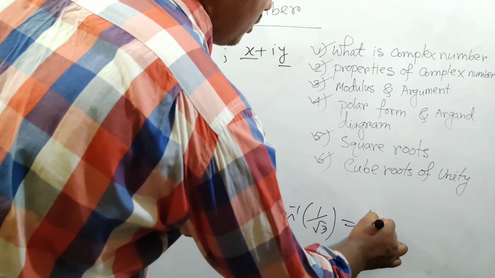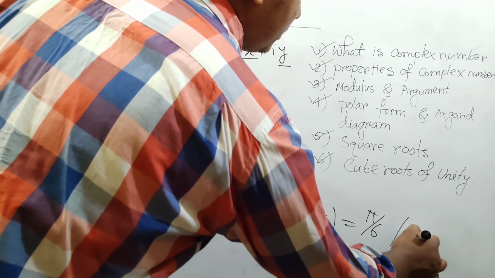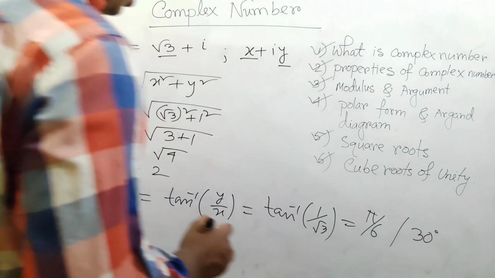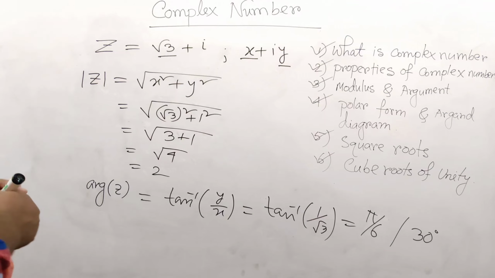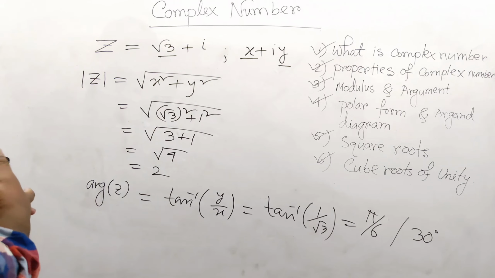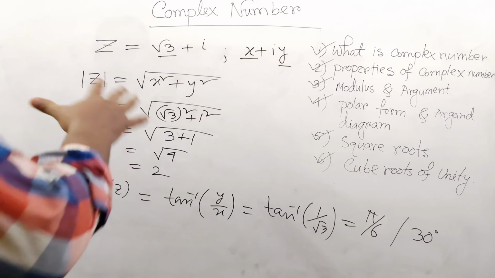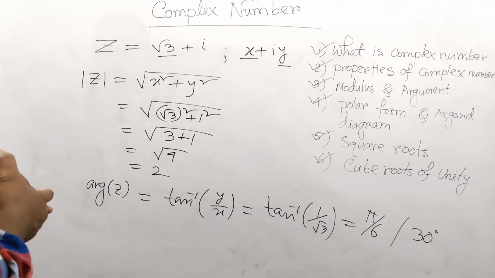So in the radian form it should be pi by 6, or if you write it in the degree form, it should be 30 degree. So this is the argument of the given complex number. So in that way you can easily find the modulus and argument of a given complex number.